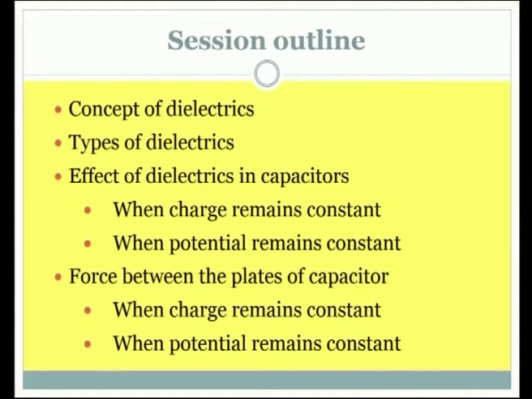Before we start the lecture, let us see the session outline for today's lecture. In this session, we are going to see the concept of dielectrics at length.